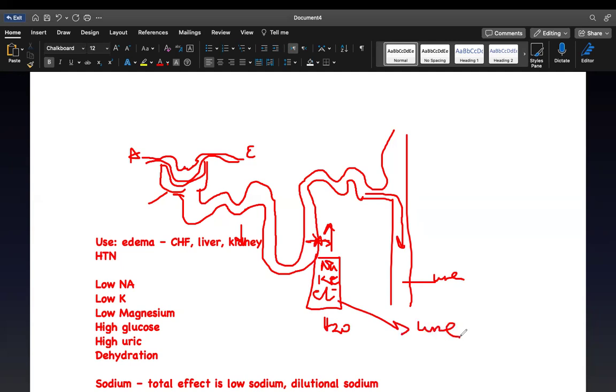So we lose a bunch of sodium. The good thing is this is what happens: your body will recognize that you're losing a lot of water. So when the fluid gets to the collecting tubule, you have the renin-angiotensin system activated. You have ADH activated to absorb more water so that you don't get sick.